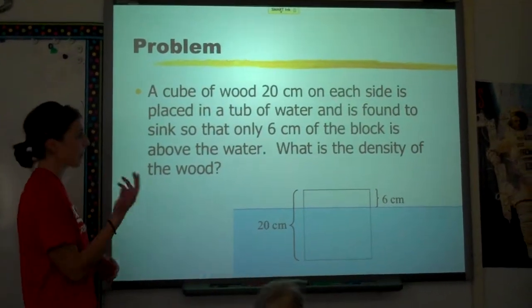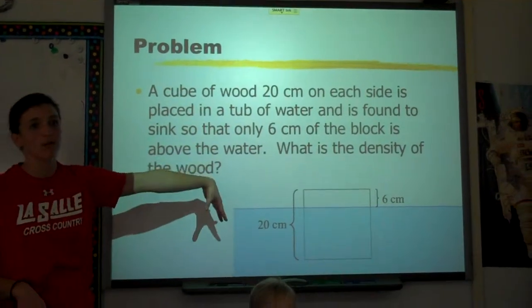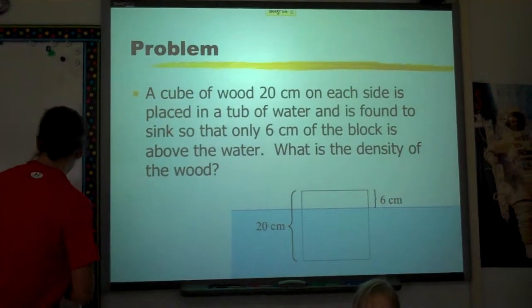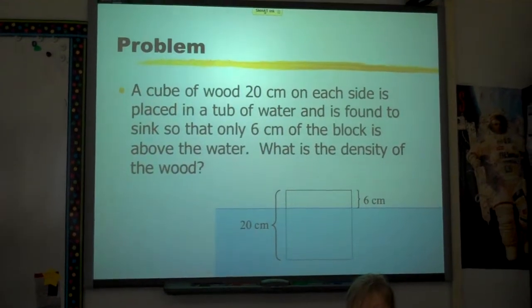So we're gonna take it step by step on the whiteboard, and then again we'll do it one more time on the smartboard, so that we all can understand how we would approach a problem like this.